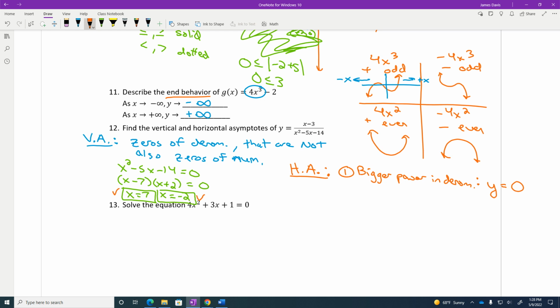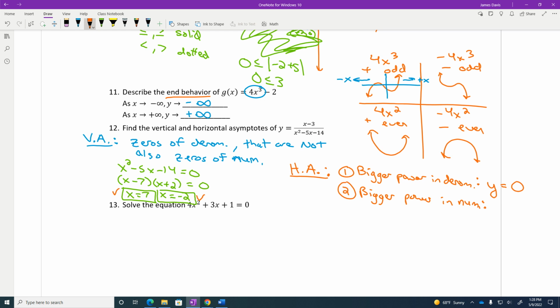Okay, so the second possibility was the bigger power on top. Bigger power in the numerator. If this is the case, there is none.